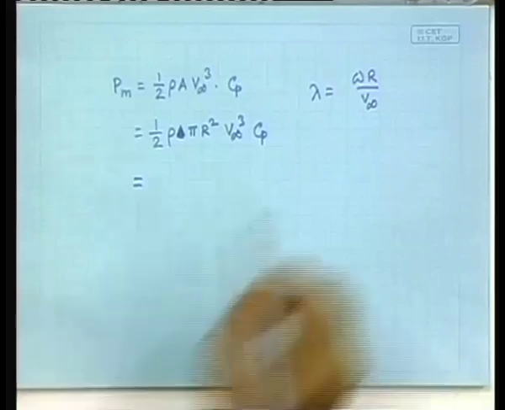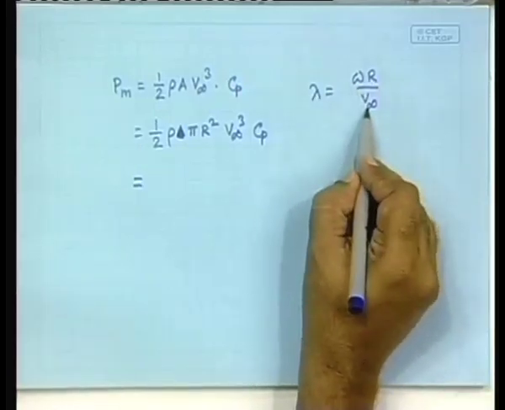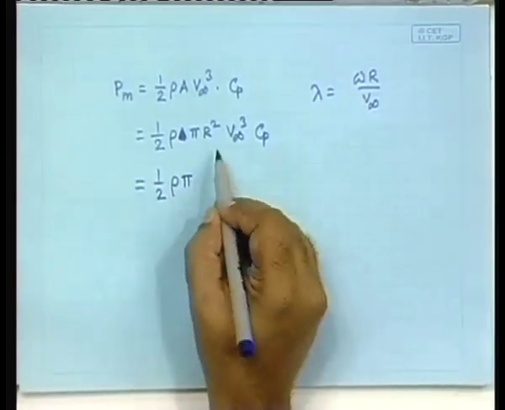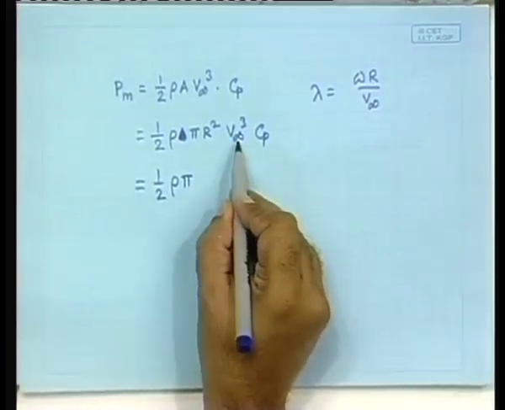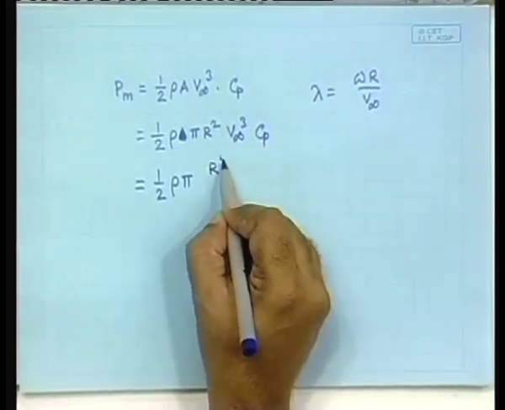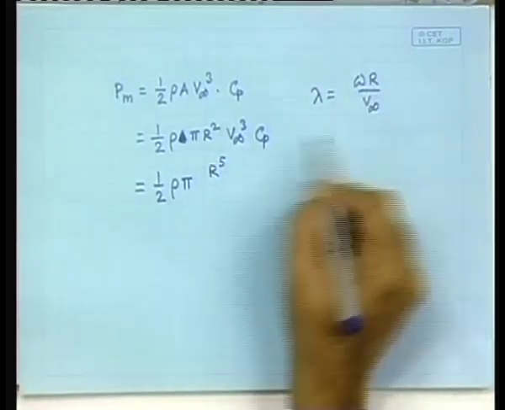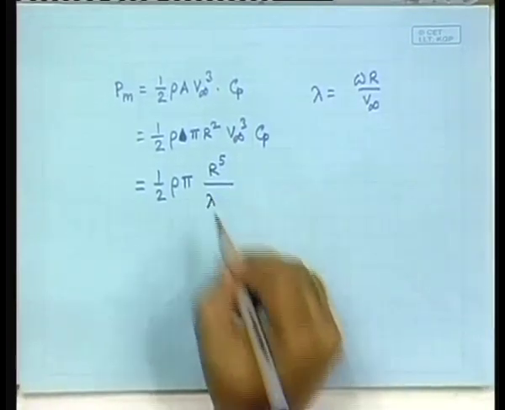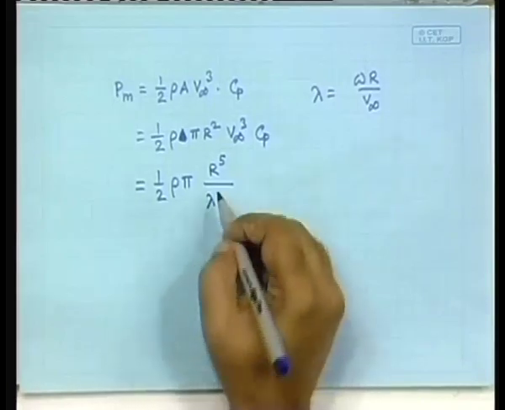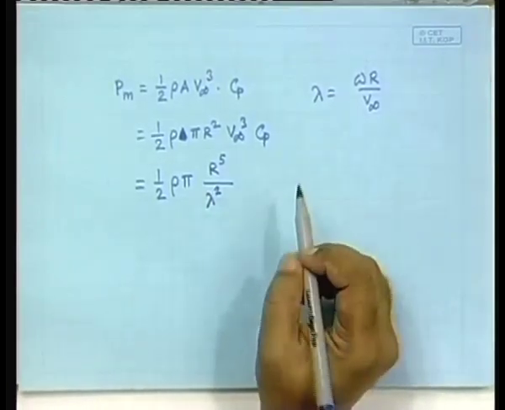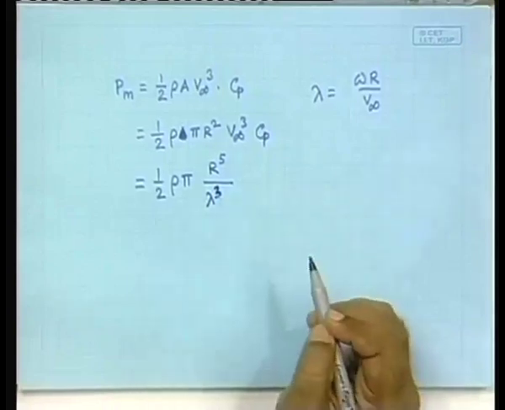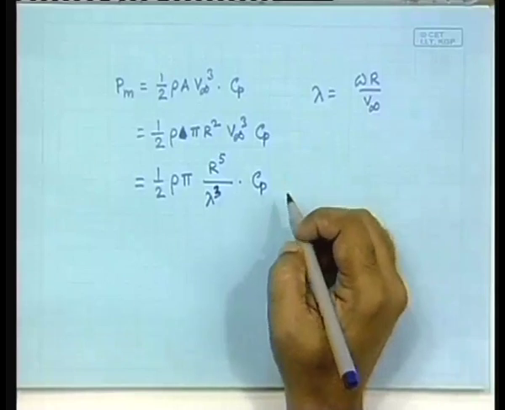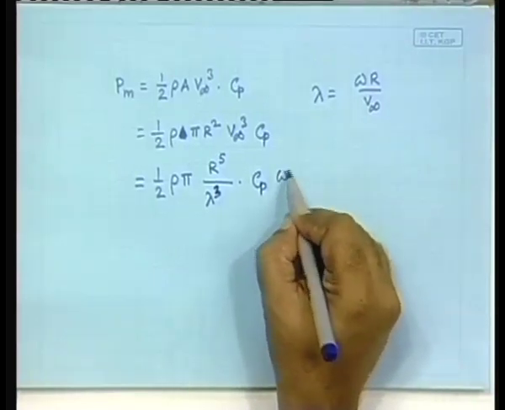You get V infinity is omega r by lambda. So, half rho pi, this will be r to the power 5, r square, and from here r cube comes, and here it would be lambda cube, times Cp, omega cube.